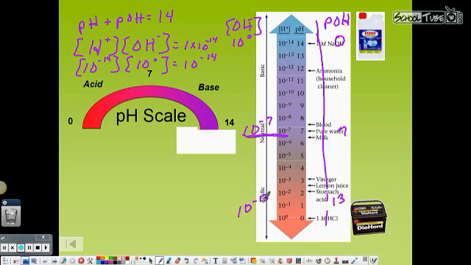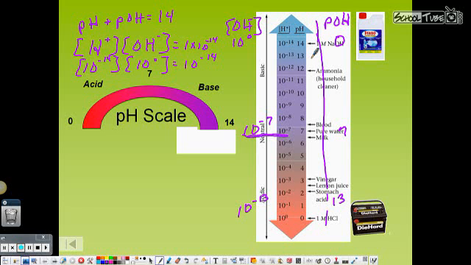So this number is getting smaller as this number is getting bigger. Remember the negative exponent, it's a little reverse in how you think about it. That's a little bitty number, and 10 to the first is a fairly large number. At the same time, as the pH gets smaller, the POH gets bigger.